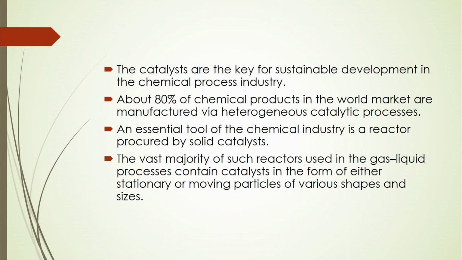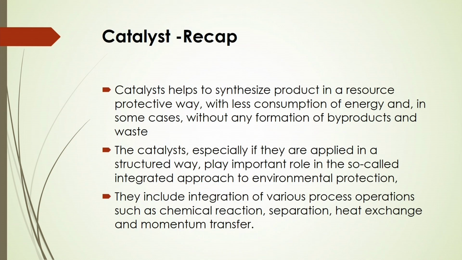A vast majority of such reactors are used in gas-liquid processes, which contain catalysts in the form of either stationary or moving particles of various shapes and sizes. This catalyst helps the synthesis of the product in a resource protective way with less consumption of energy, and in some cases without any formation of byproducts and waste.